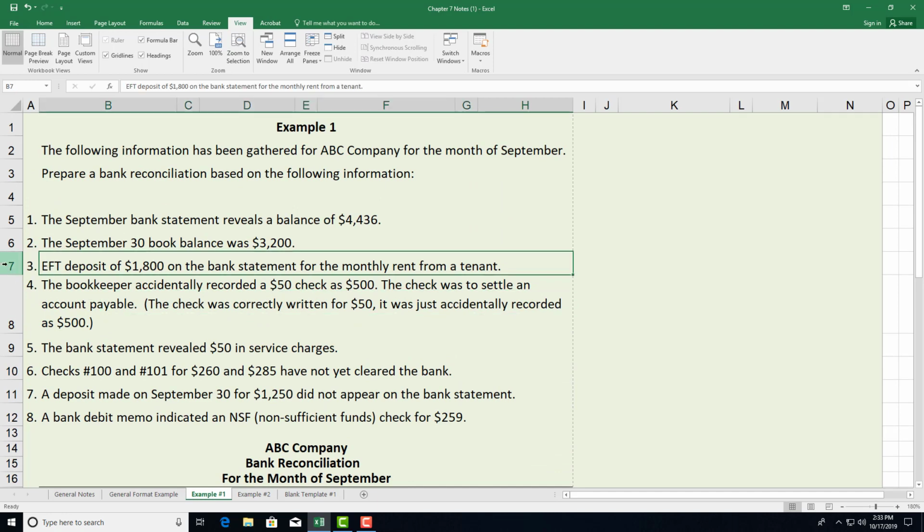Okay, number 3 says we have an EFT deposit. That stands for Electronic Funds Transfer Deposit. That's defined for you on the first page. So we have an electronic deposit that came into the bank statement for monthly rent that we receive from a tenant, and it's implied, but we have not yet recorded that on the books. So I said basically we're going to swap information except for mistakes.